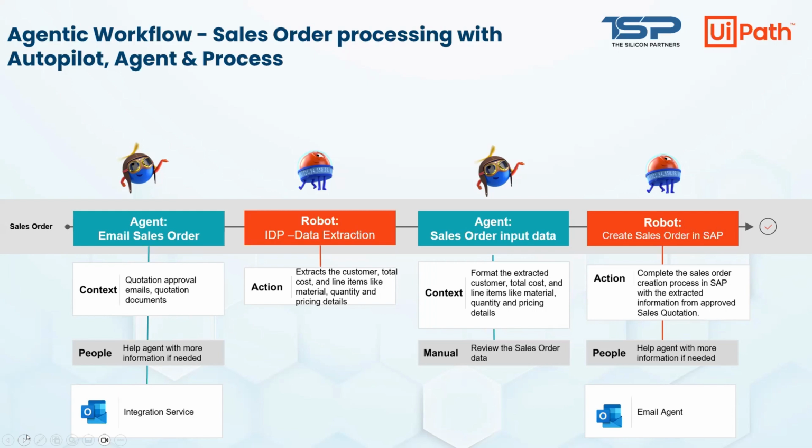After the approval, we request the robot to go back and extract the information with document understanding from those sales orders, and then post that sales order into the SAP system leveraging the report. So again, a similar example but for a different process, from sales quotation approval to posting. We'll quickly see that as well.